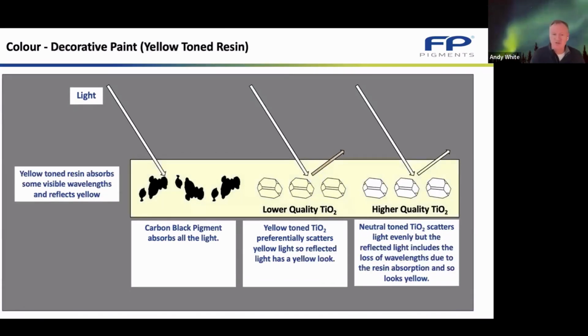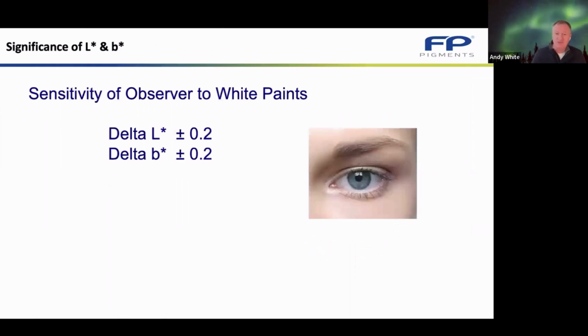If you're making a decorative coating using an alkyd resin, that alkyd itself is ever so moderately yellow. And so a yellower TiO2 actually isn't going to be as obviously seen as a chloride TiO2, perhaps, that has better color. And the human eye will only be able to see a delta L, a delta B of about 0.2, maybe even 0.3.